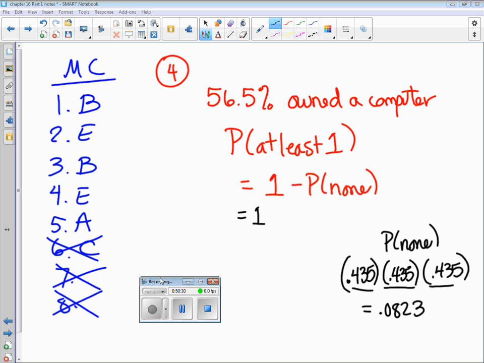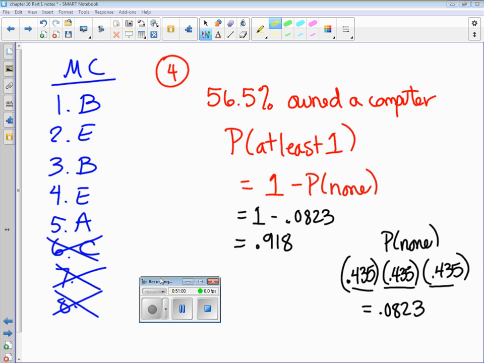So 1 minus 0.0823 would give me 0.918, which is letter D. Is that helpful? Yeah. You will definitely see that on the test. Okay, definitely.